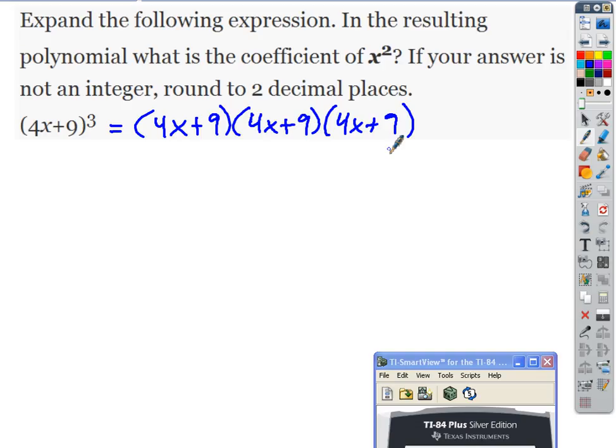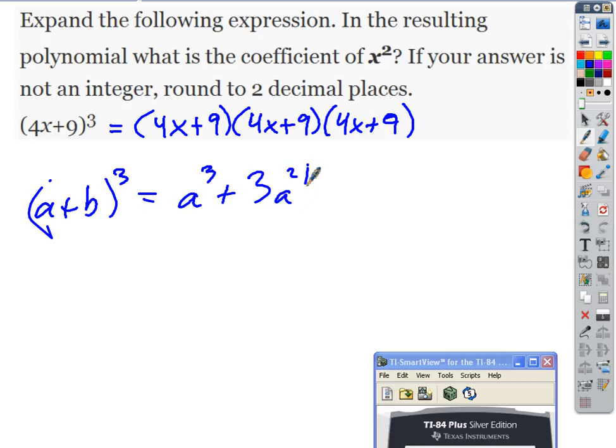That'd probably be quicker, because every place I have an a, I would just put in a 4x, and every place I have a b, I would just plug in a 9. But they both work. I'm just trying to expand this thing out. And then when all the dust settles, we want to know, when I've added up all the like terms, how many x squareds do we have? Okay?